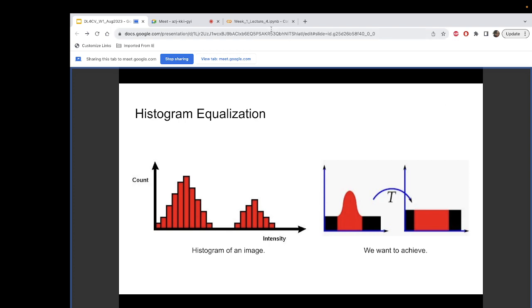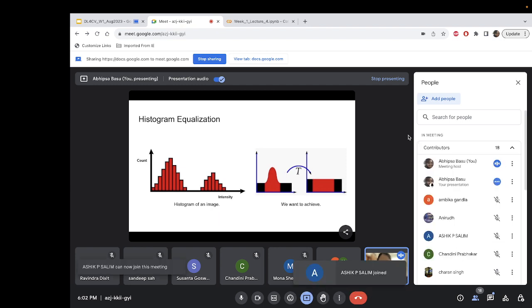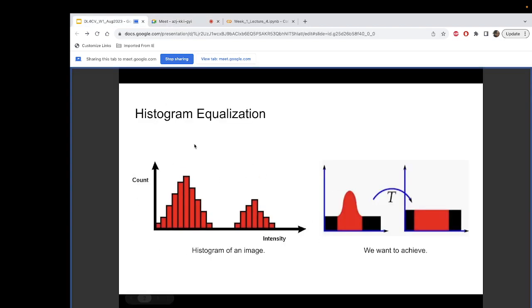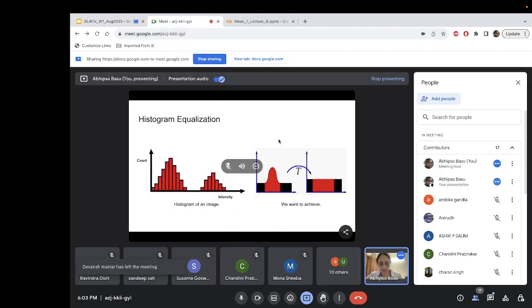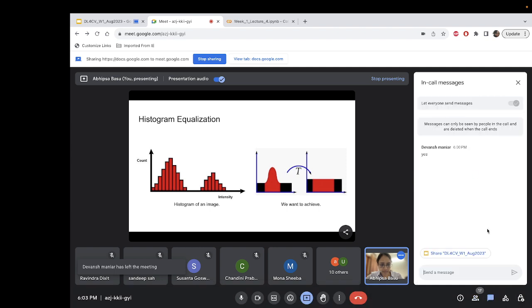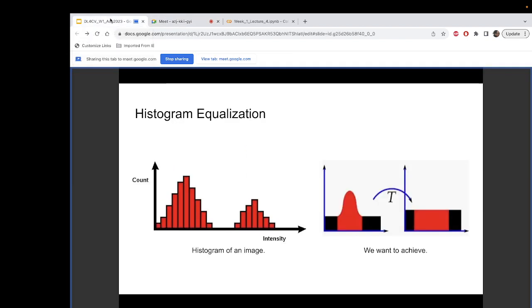But before going into that, can anybody unmute and tell me what a histogram is? What does this particular plot mean to you? Does anybody understand this? Right.